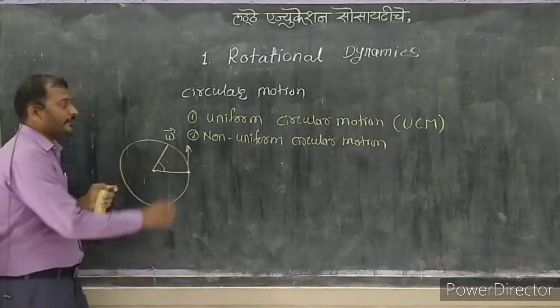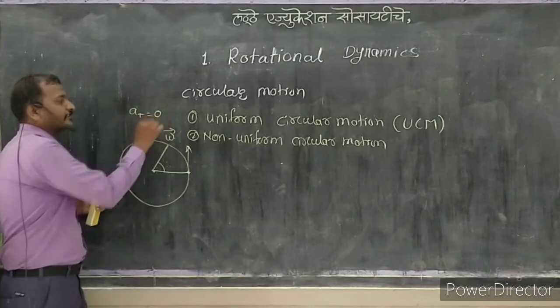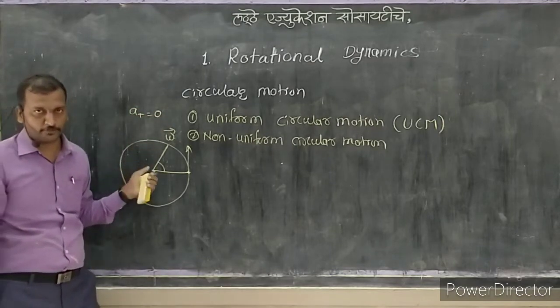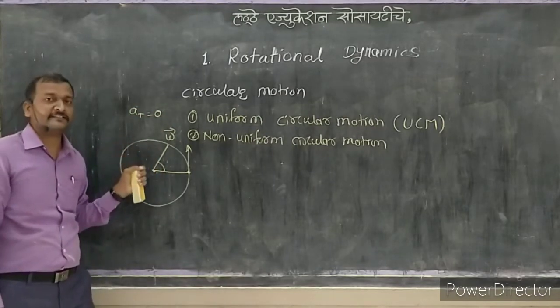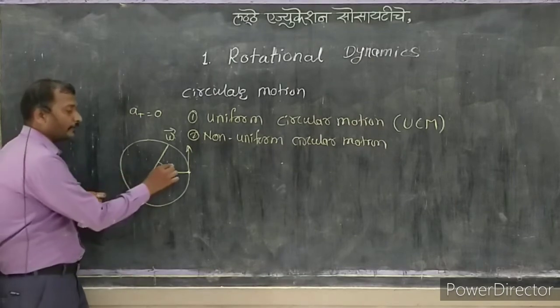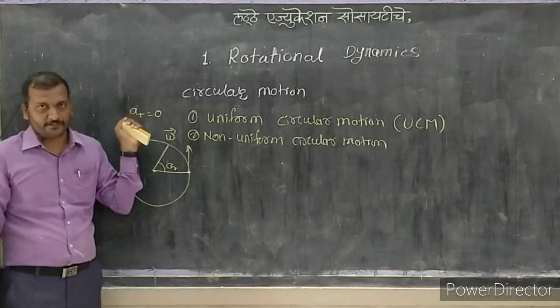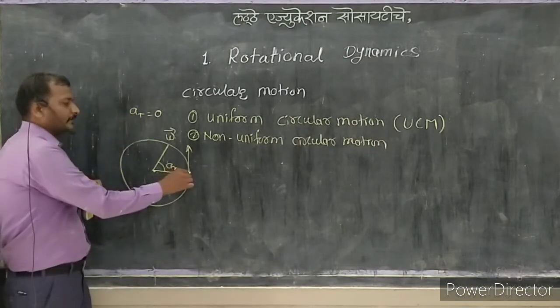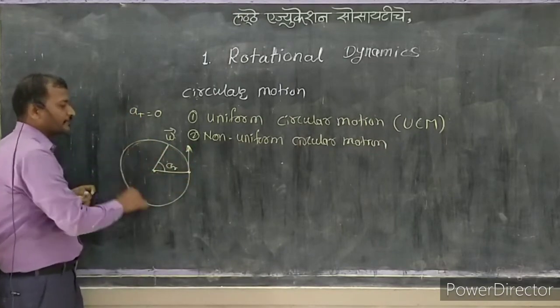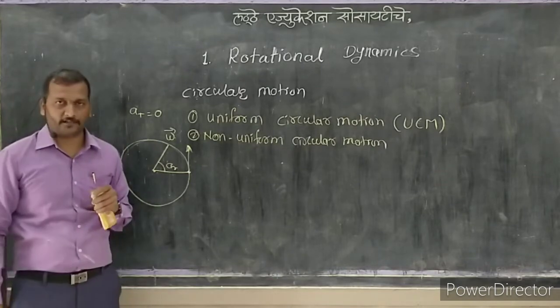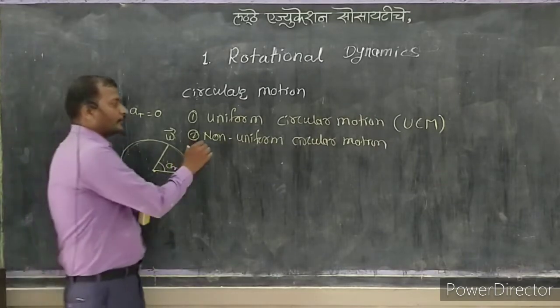Therefore, there will be no tangential acceleration in uniform circular motion, and only radial acceleration is present. The tangential acceleration will be 0 because the particle moves with a constant speed along the circumference of the circle. Second is the non-uniform circular motion.